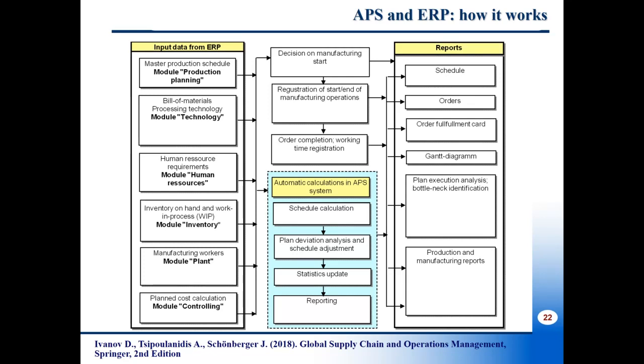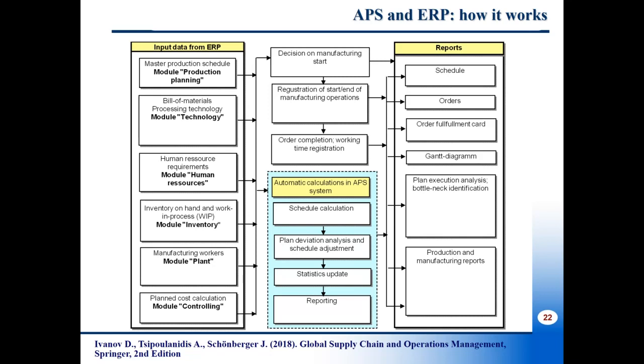And also the modules technology, human resource, inventory, plan, and controlling are distributed into APS, and therefore the plan will create a planning system that is really reliable and feasible with regard to the limitations of the supply chain operation.